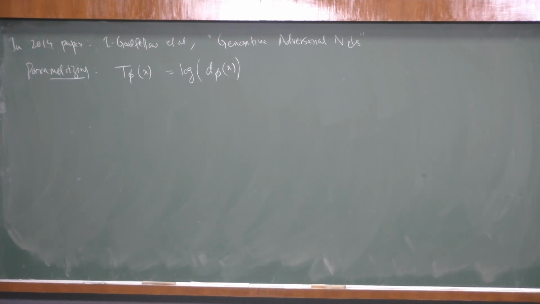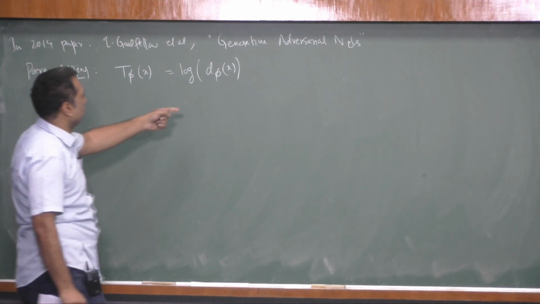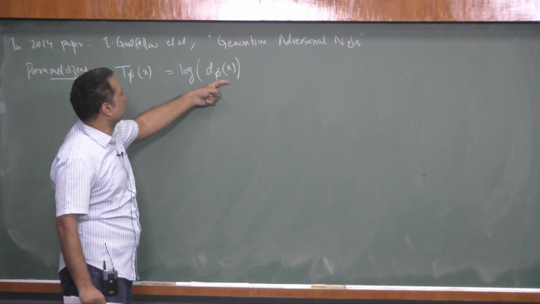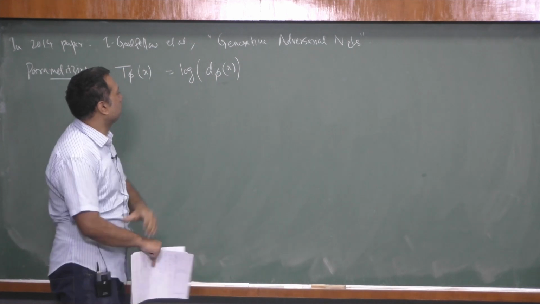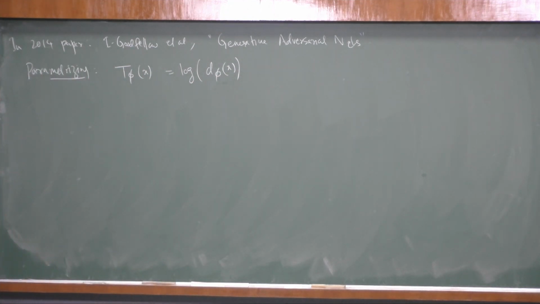These guys played around with this. So choose T phi to be log of D phi, where D phi itself will be some parameterized neural network. A neural network is just a function with some parameters that you can tweak, just like polynomials where the coefficients are the parameters. Here a neural network can be seen like that, some parameterized family.